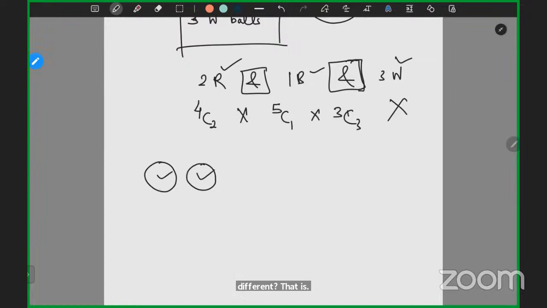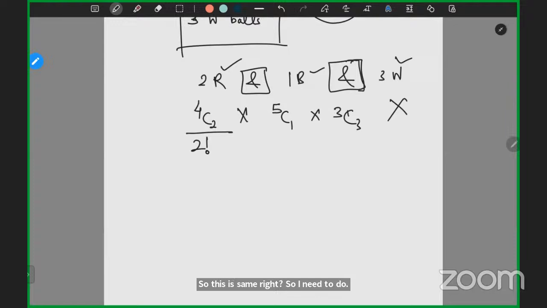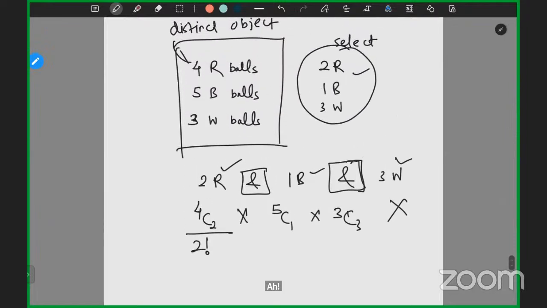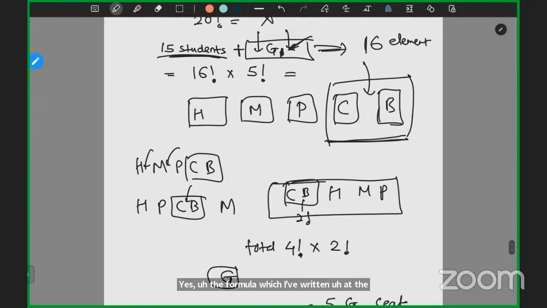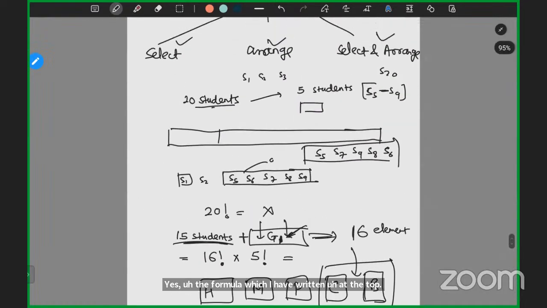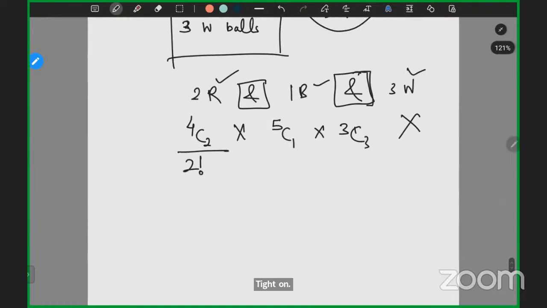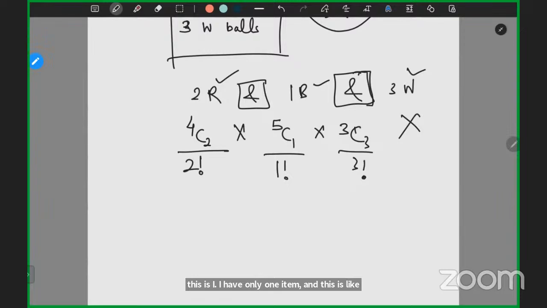So this is the same, right? So what do I need to do? Yes, sir, the formula which you have written at the top, factorial into factorial, right? Yes, so I need to divide it by factorials, correct?